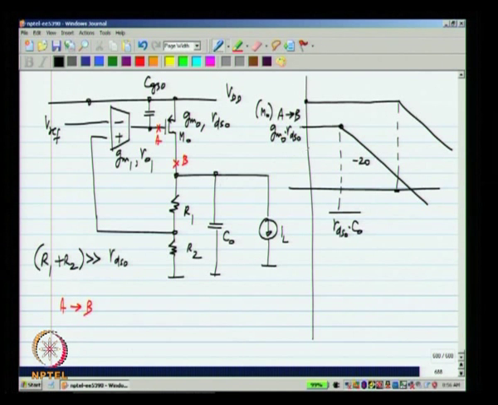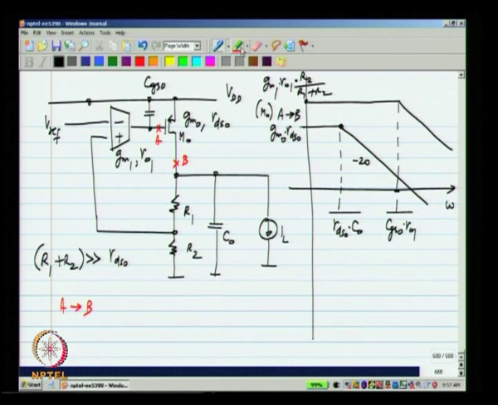The DC gain of that will be GM1 RO1 times the voltage divider ratio R2 by R1 plus R2, and the pole associated with this node has this capacitance CGS0 and this resistance RO1 in parallel. So, this will be at 1 over CGS0 RO1.